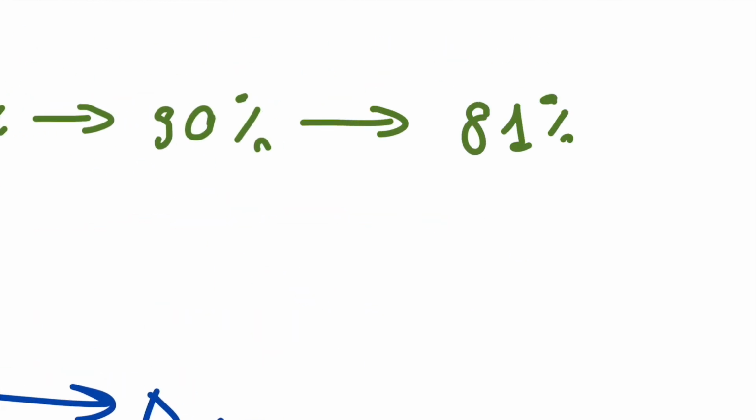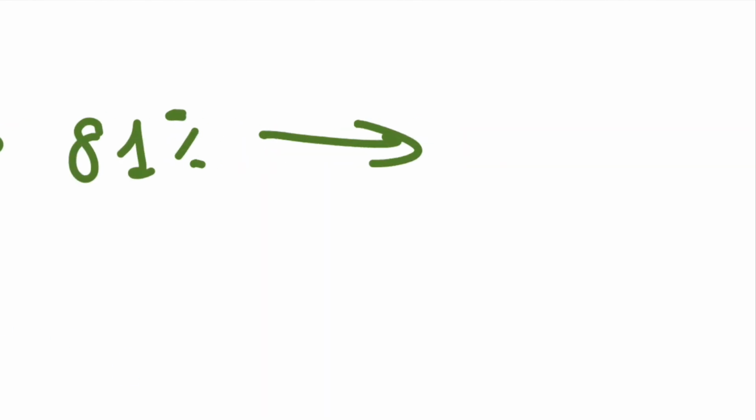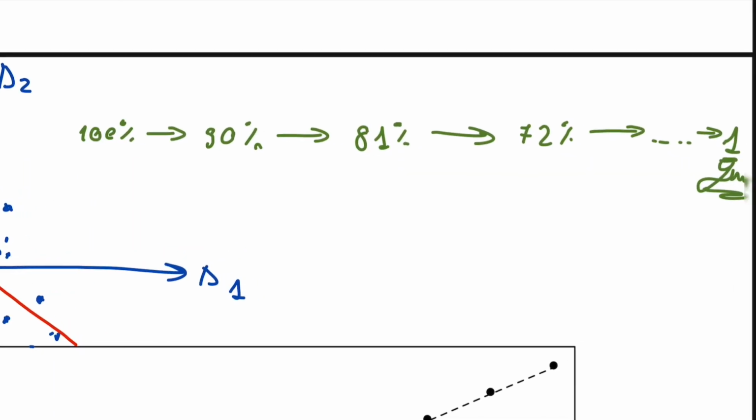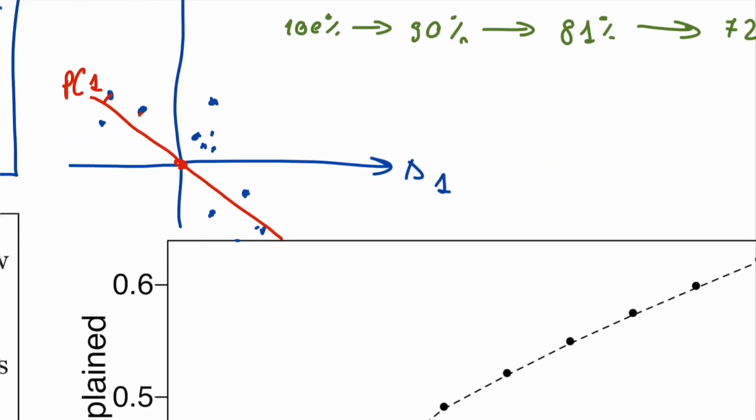Then we remove another 10%, so we get to 81. We remove another 10% and we get to almost 72%. And we continue so on until we get to only one gene. So we are going to do this iteratively.